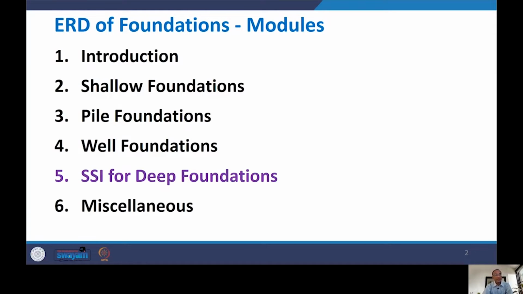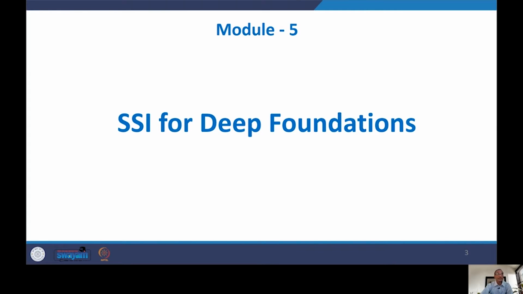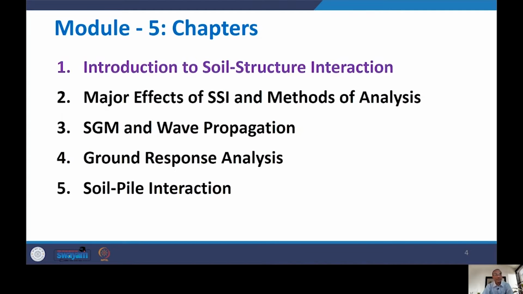When we talk about SSI for deep foundations, these are the different chapters. This module will be divided into 5 chapters. The first chapter of this module is Introduction to Soil Structure Interaction, which we are going to discuss today. Then the second will be the major effects of SSI and methods of analysis.